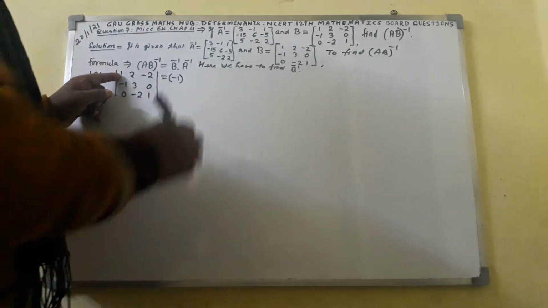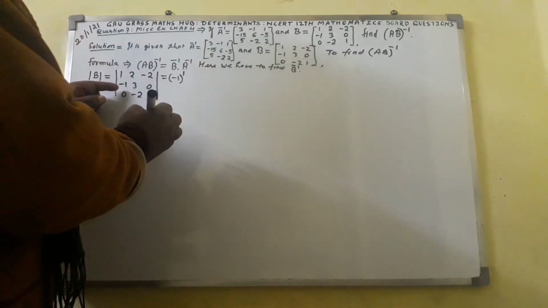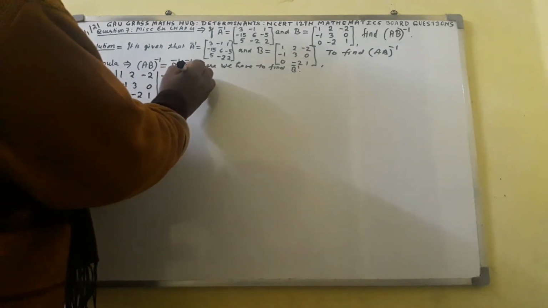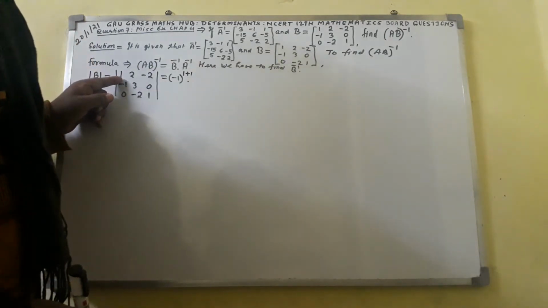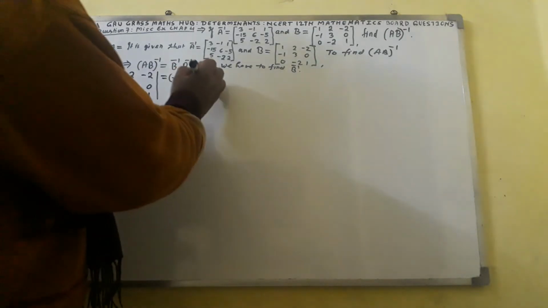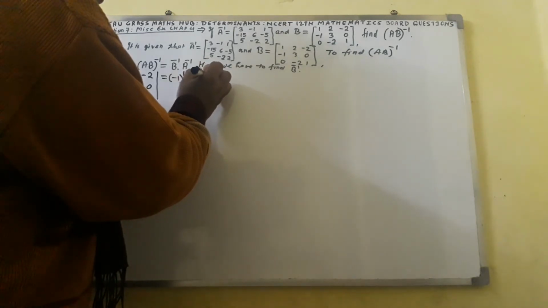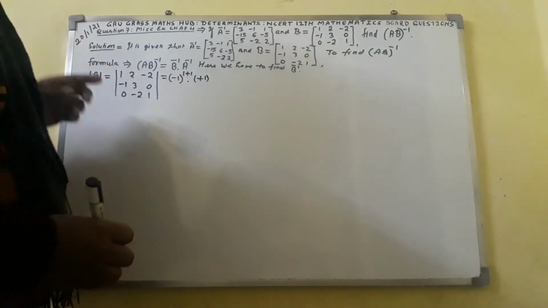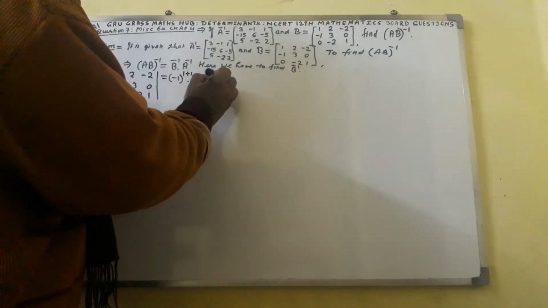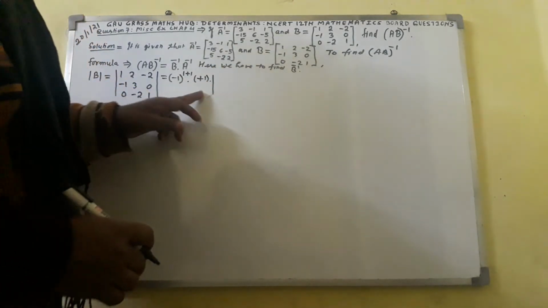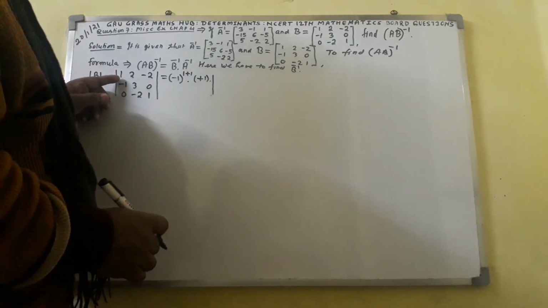For first row I shall write 1, and for first column I shall write 1, multiplied by this element +1. After that, I shall get the minor matrix of element +1.